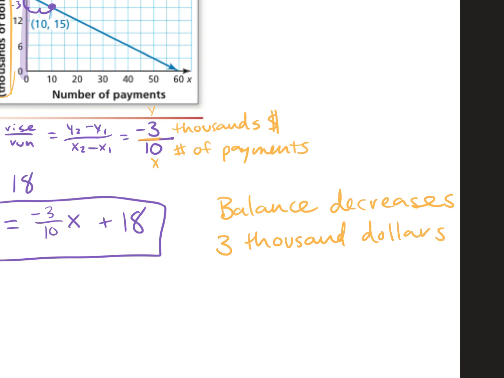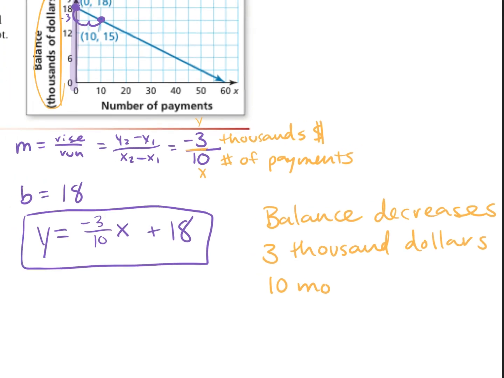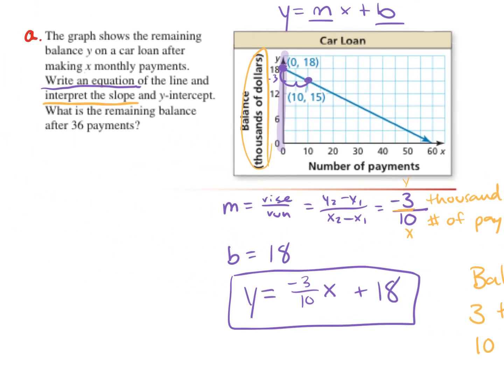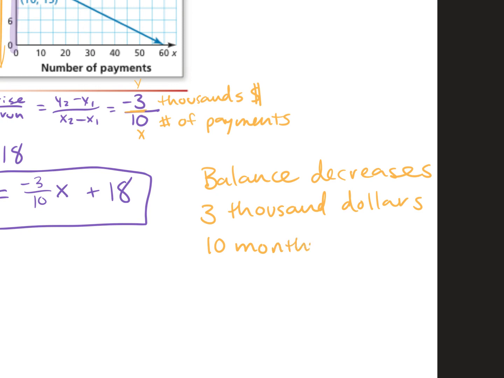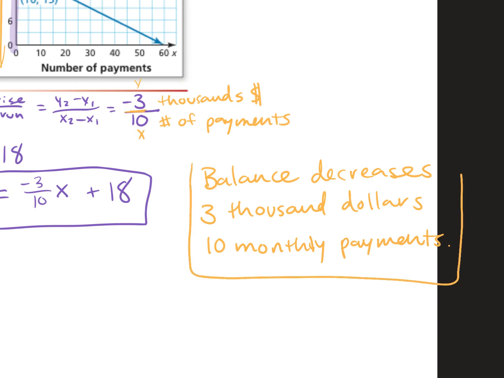After how long? After 10 monthly payments, because here it says making x monthly payments. So that is how we interpret the slope.